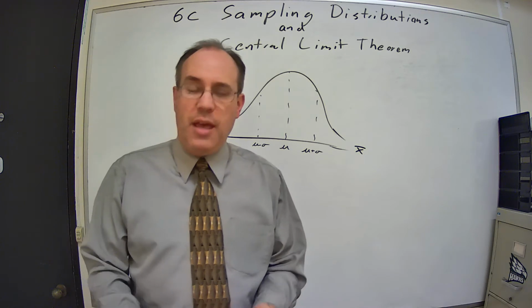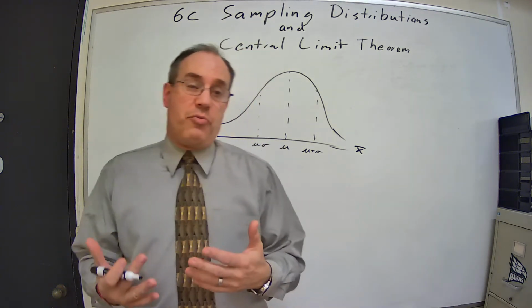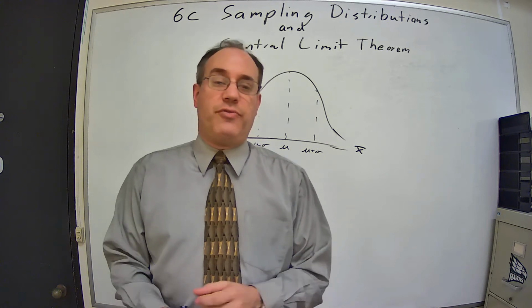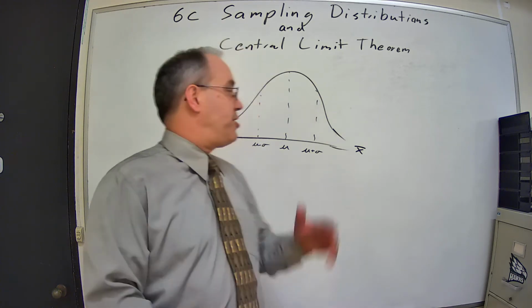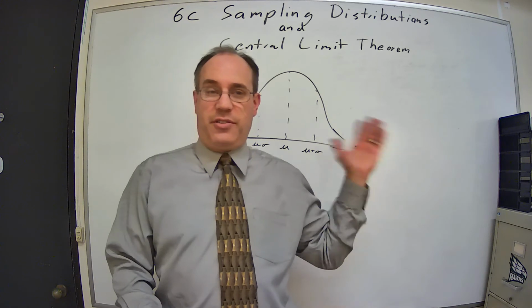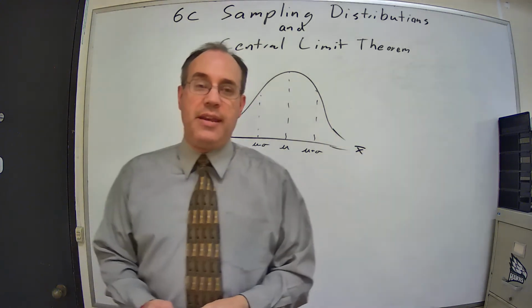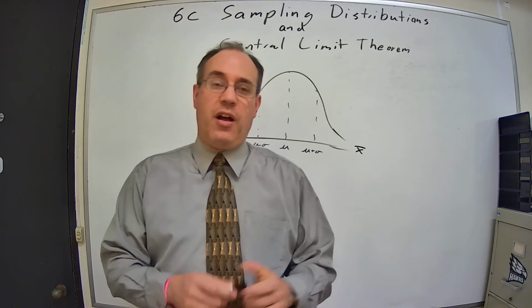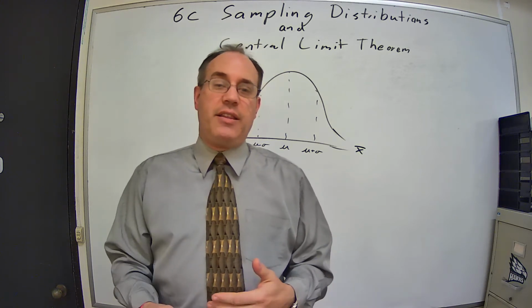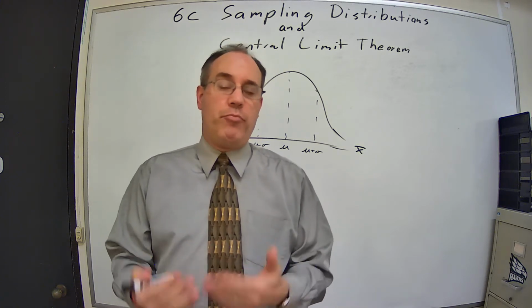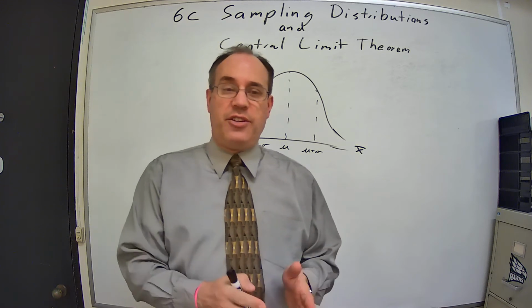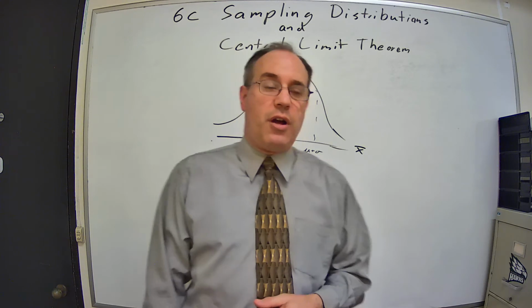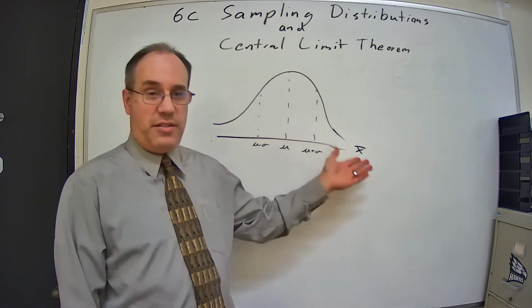What does that mean? In the past, if we were looking at the ages of students, we would do a distribution of their ages. Now, we take a bunch of samples of students and find the sample mean of the ages for each of those samples, and now we create a distribution of those sample means.